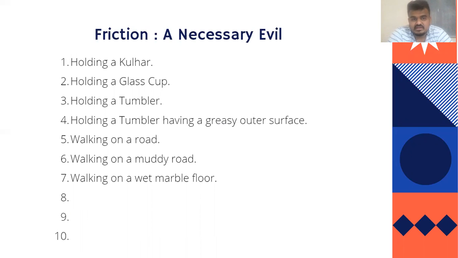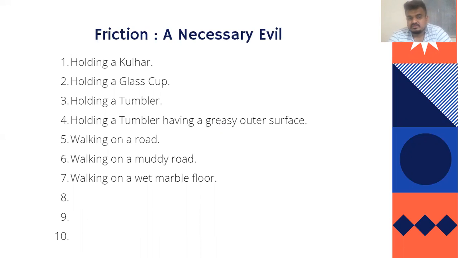Next one is holding a tumbler. Holding a tumbler is a bit easy. Then holding a tumbler having a greasy outer surface: if there is some grease or oil, oily things on the outer layer of the tumbler, then it might be hard to hold it.